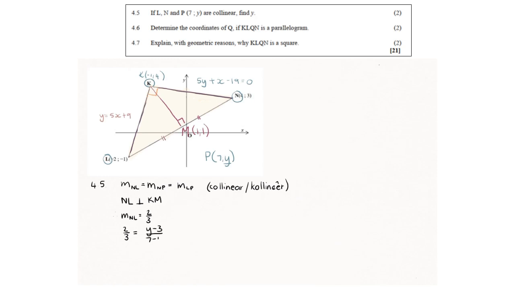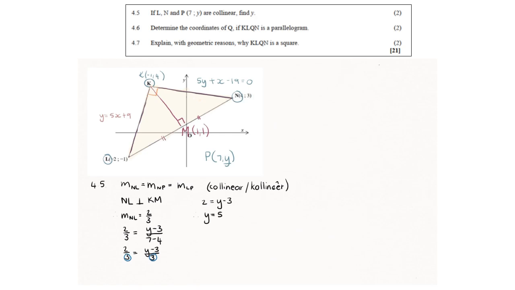Now, if you look at the denominators of the two fractions, it will be the same. It's both 3. And therefore, we can put the numerators equal to each other. And then 2 is equal to y minus 3. And if we solve for y, we get that the value of y is 5.